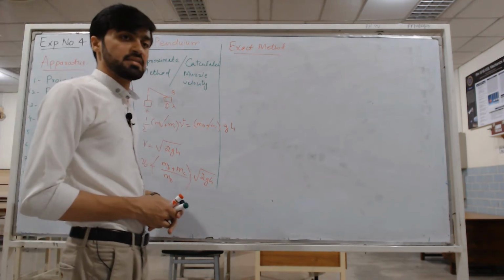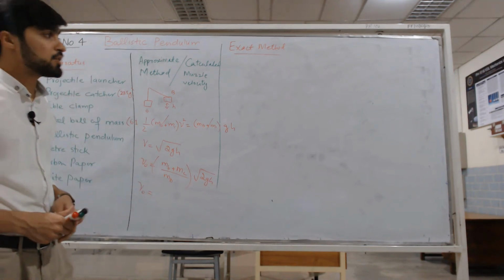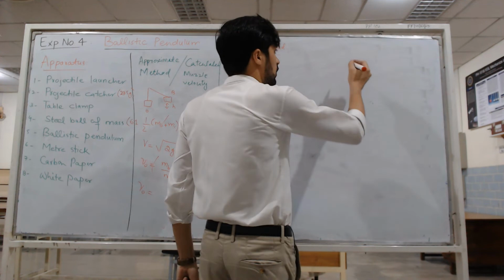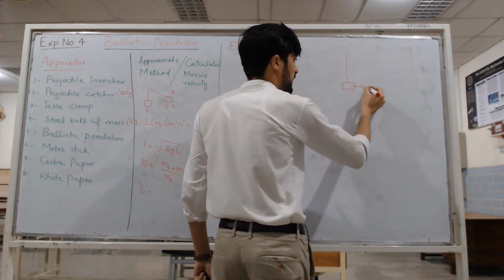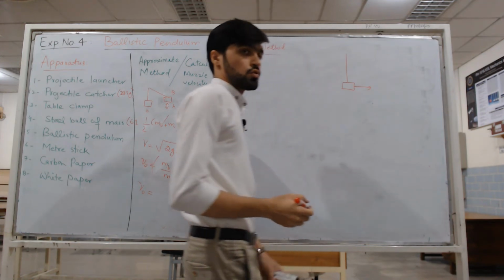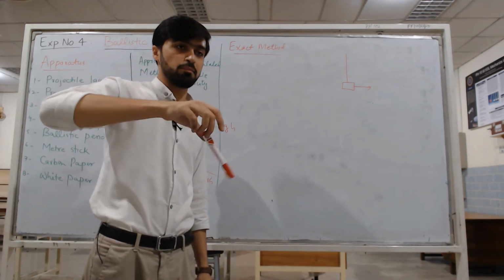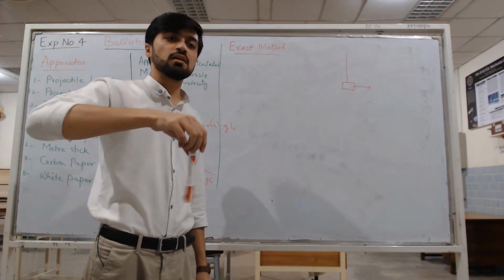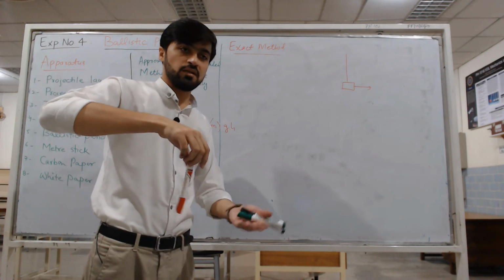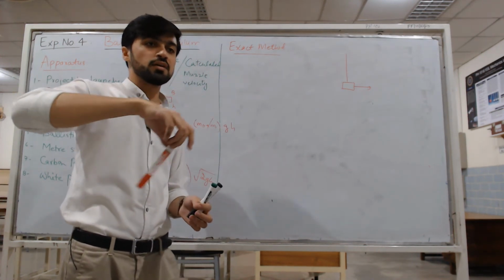Now what is the exact method to calculate the muzzle velocity? Let's say this is the pendulum. If this pendulum is oscillating, it is covering some angular displacement theta.